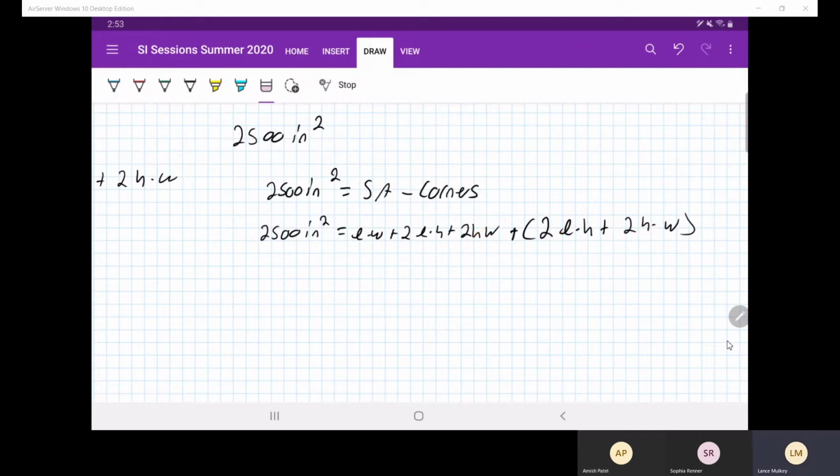You gotta add those two together because you got the surface area on the first one, and then the surface area of the box, and now you have the surface area of the corners. So you gotta add them to get 2,500. So four length times height plus 4 height times width. So that's equation number 1.